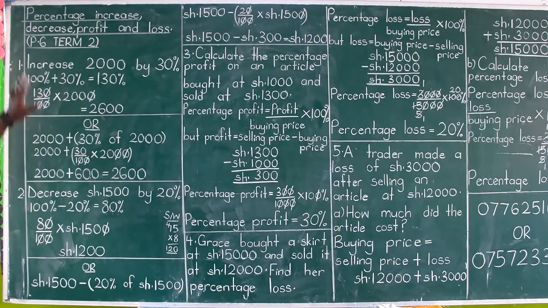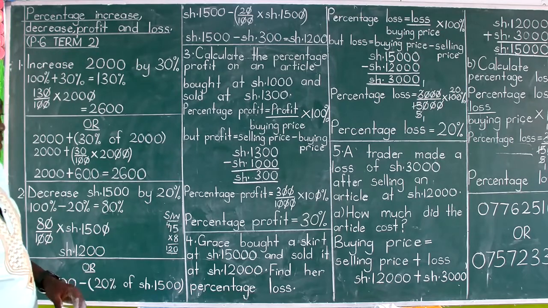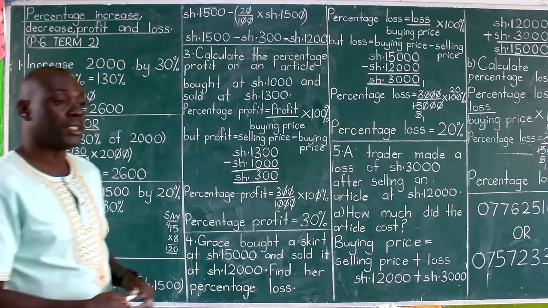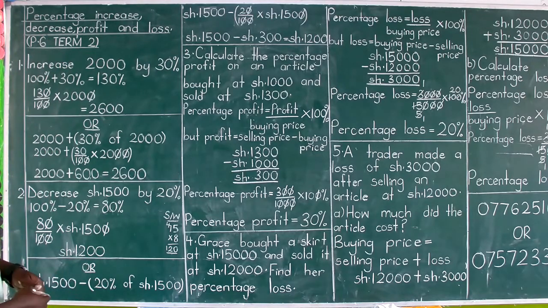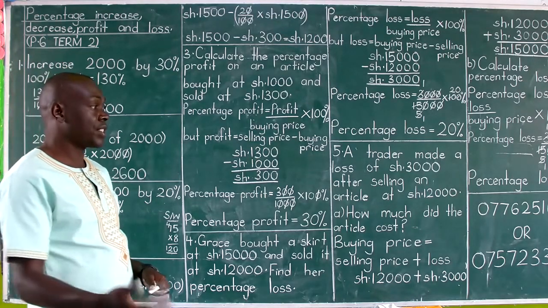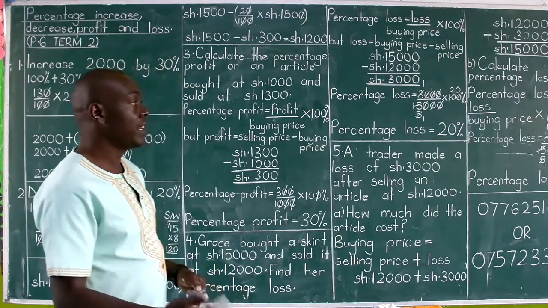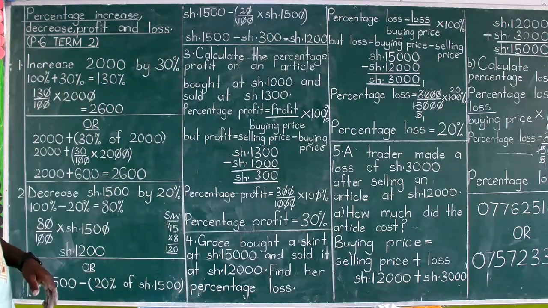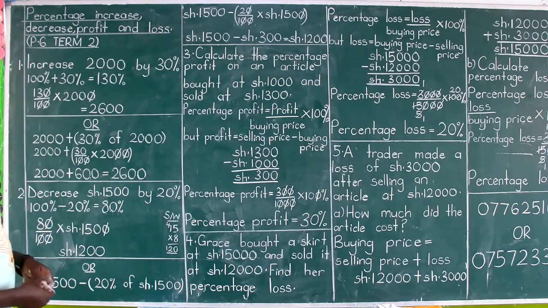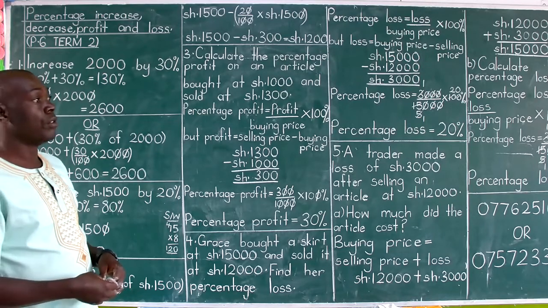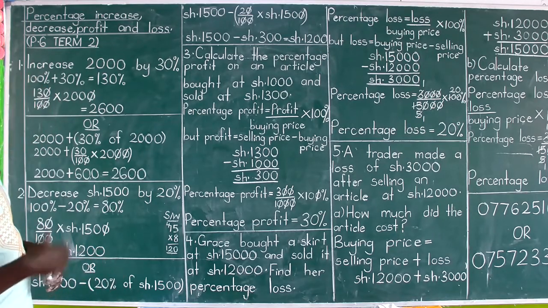So we shall understand the meaning of increase. To increase is to add value to an existing quantity, so I have a better value, as opposed to decrease. To decrease is to lessen, to reduce, to have a lessened value from the original one. Profit is that excess amount of money of the selling price over the buying price.